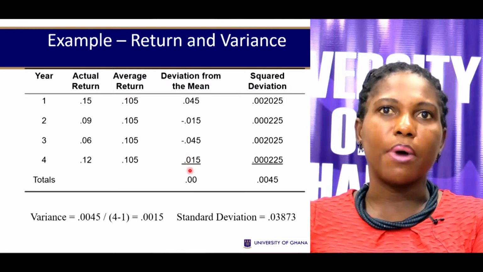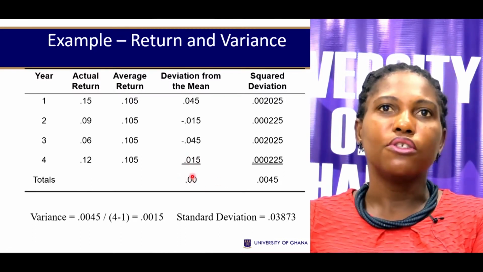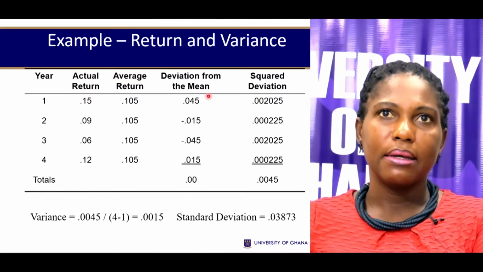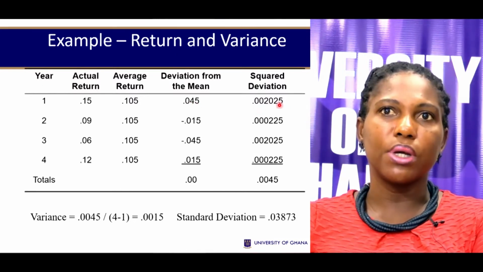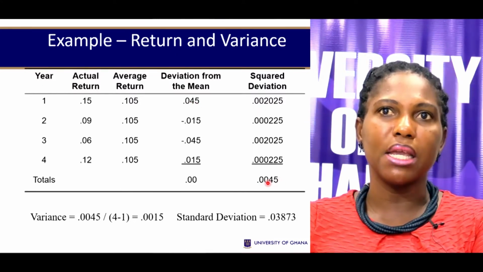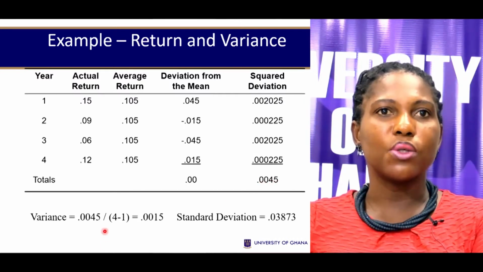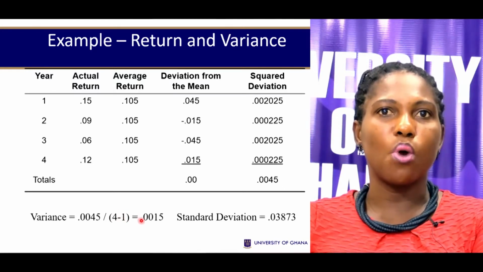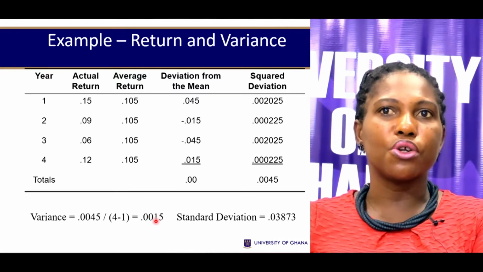If we net off in their raw format, we're going to arrive at the concept of no variation. However, to be able to pick out the real variation, we are going to square this deviation about the mean so that we can work with the absolute value. So in this case, the sum of squared deviations is 0.0045. And then once we divide that by the sample size less 1, we have a case where our variance is 0.0015.